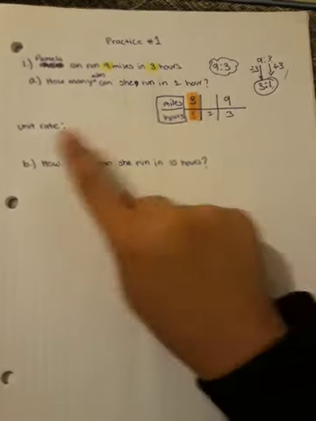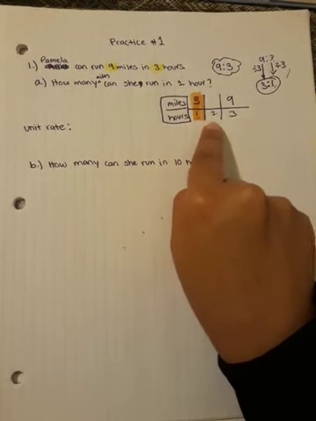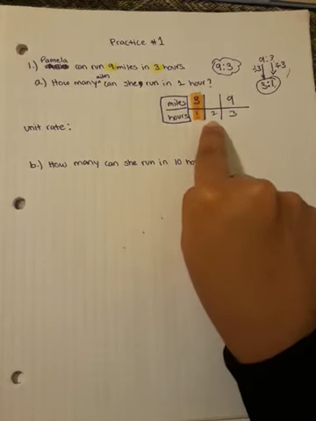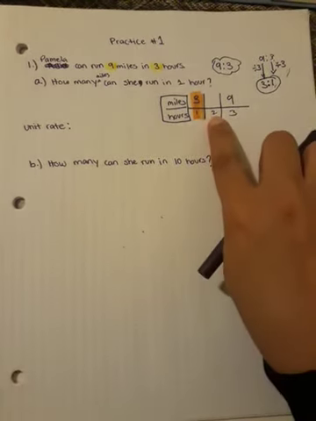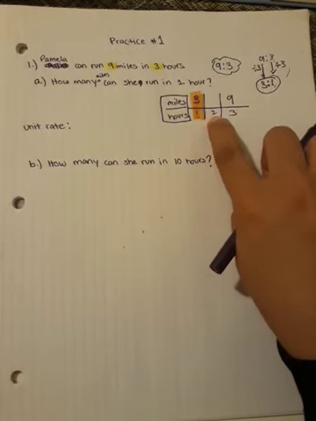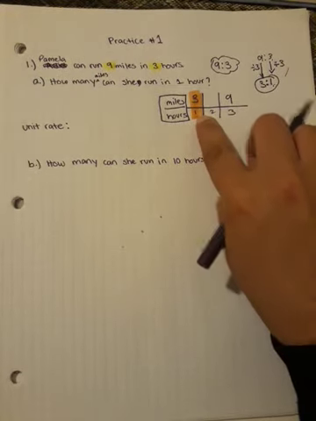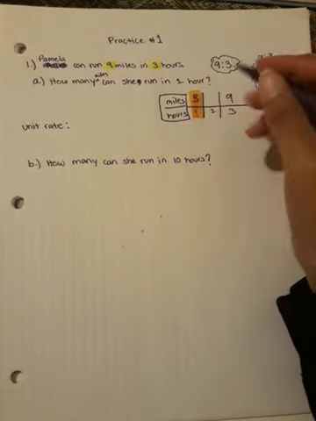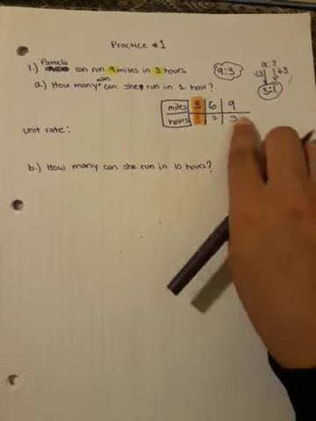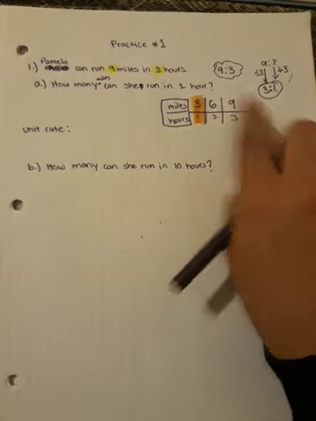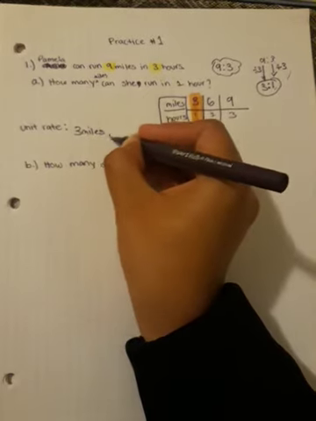Since I found my unit rate, 3 miles per 1 hour, that can help me figure out how much she can run for more hours, right? So if she runs for 2 hours, I know she is going to run double the distance. For 1 hour is 3. For 2 hours, it's going to be 6, right? Now it makes sense. The unit rate is 3 miles per hour.